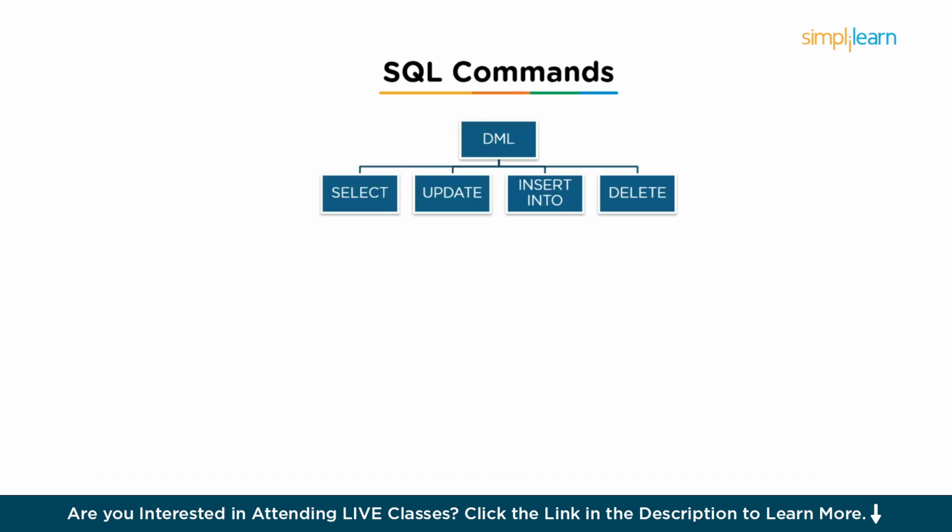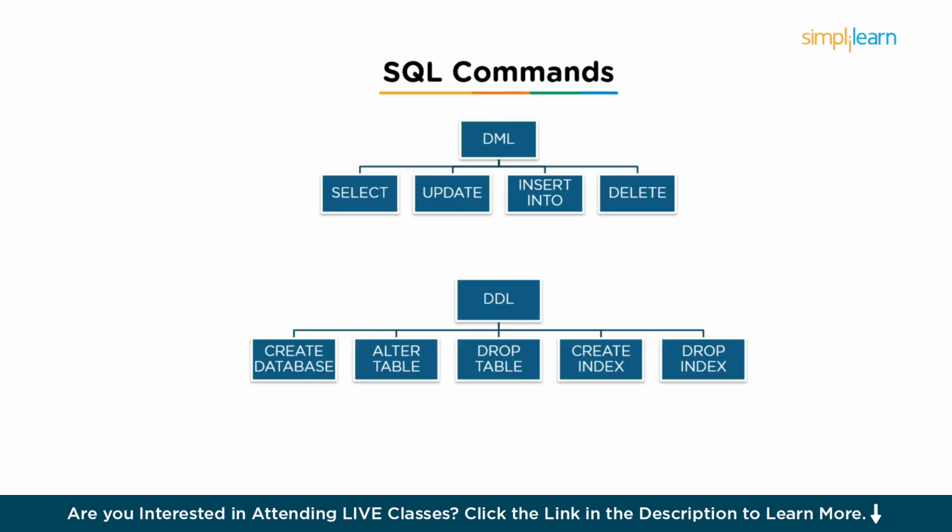Then you will also notice commands like create database, alter table, drop table, create index, and drop index. These belong to data definition language, which is DDL, which are commands we use to define, modify, and manage the structure of our databases, such as creating new tables, modifying existing ones, or defining relationships.